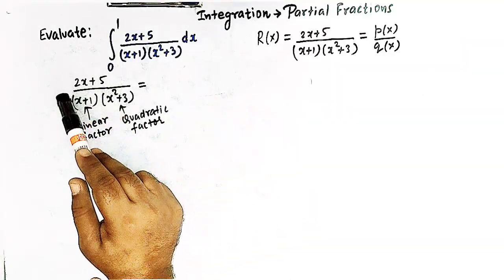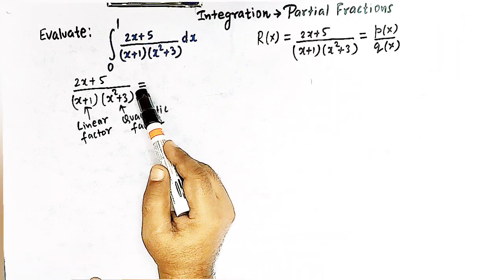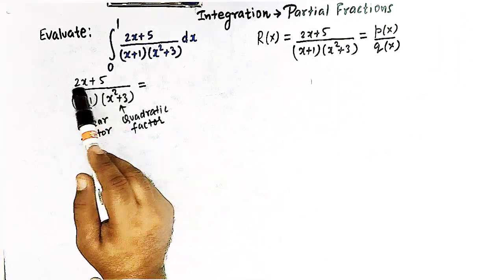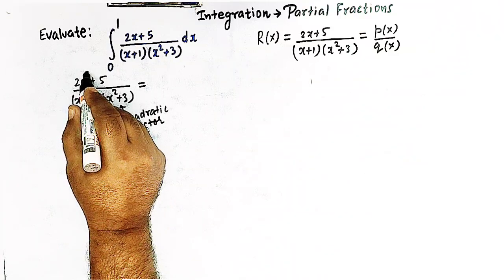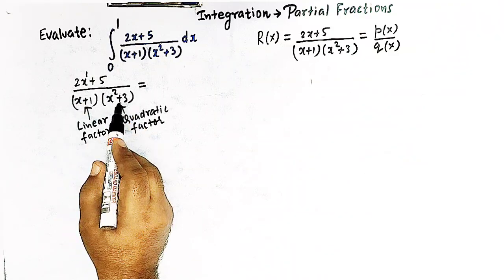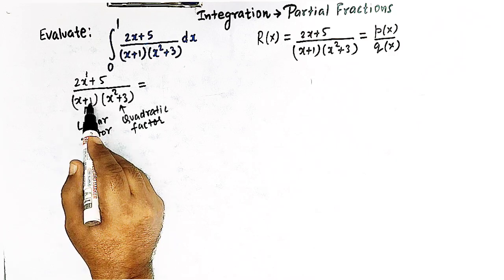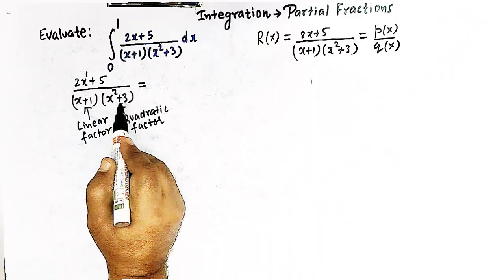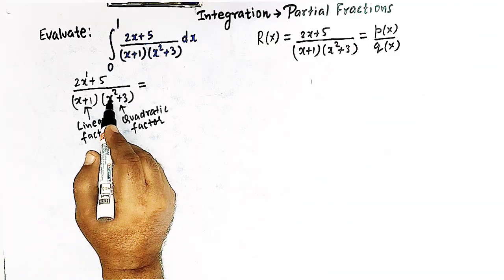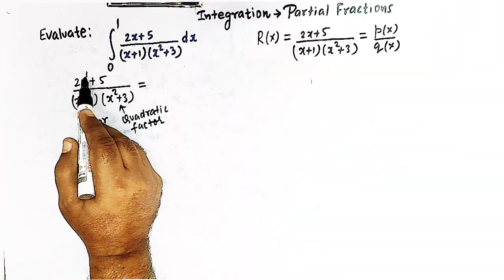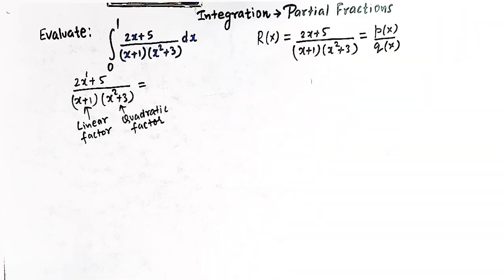This rational function can be resolved into partial fractions, and we see that the degree of the numerator is 1 and the degree of the denominator is 3, because when we multiply this linear factor x plus 1 with this quadratic factor x square plus 3, we get a polynomial of degree 3, right? So the degree of the numerator is less than the degree of the denominator.